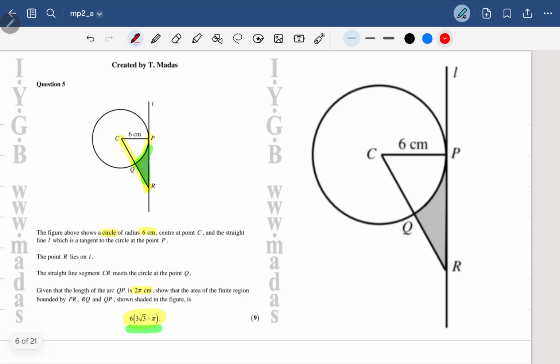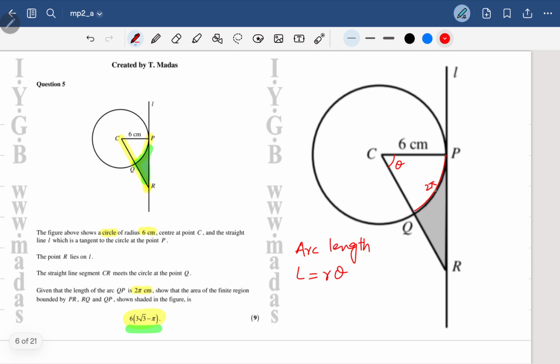Okay, so first we start with the arc length. This arc length should be equal to 2 pi, because it's given that the arc length QP is 2 pi, and let's say this angle is theta. Then the formula for the arc length, let's say the arc length is L, is L equals r theta.